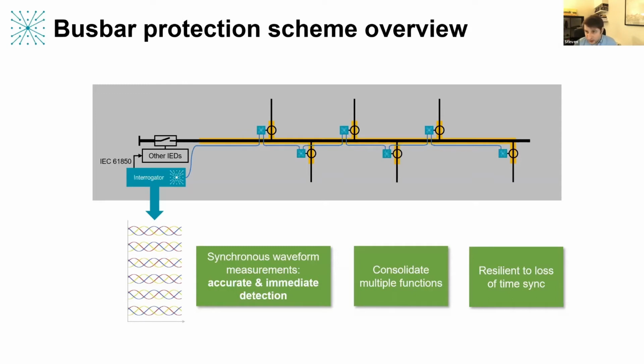It's also because we're seeing the entire system simultaneously, we inherently provide time synchronization of all the measurements. That's quite important for protection, where you need to be very resilient.